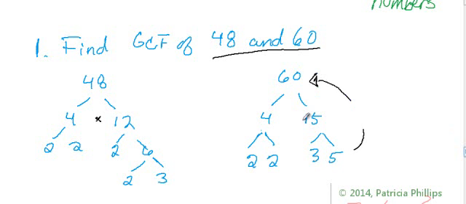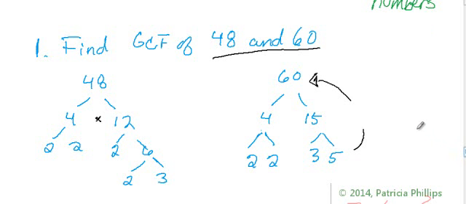Okay, so with 60, we're using 4 times 15. 4 can be broken down into 2 times 2, which are both primes, and we can't go any further. 15 can be broken down into 3 times 5, which are both primes, and cannot be broken down any further.